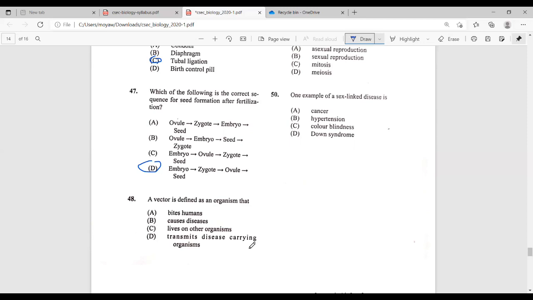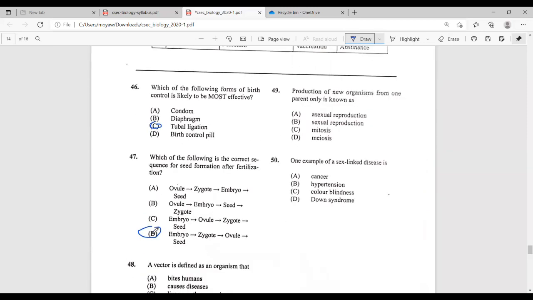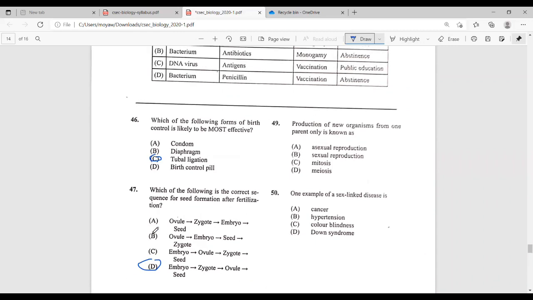So the best option for a vector is an organism that is going to transmit a disease-causing organism. Now we have 49. Production of a new organism from one parent only is known as A, asexual reproduction; B, sexual reproduction; C, mitosis; D, meiosis. So the best option is A, asexual reproduction.